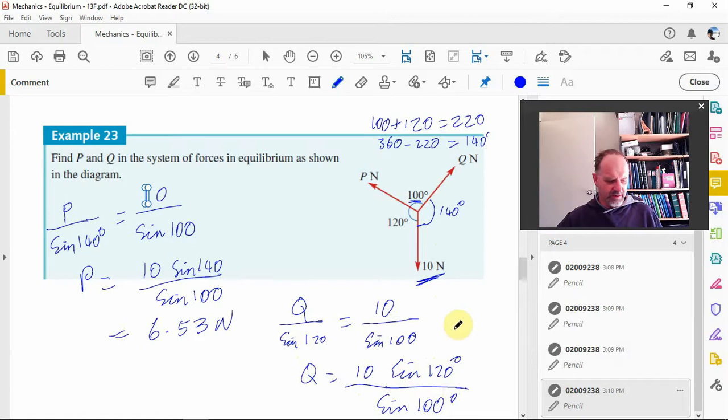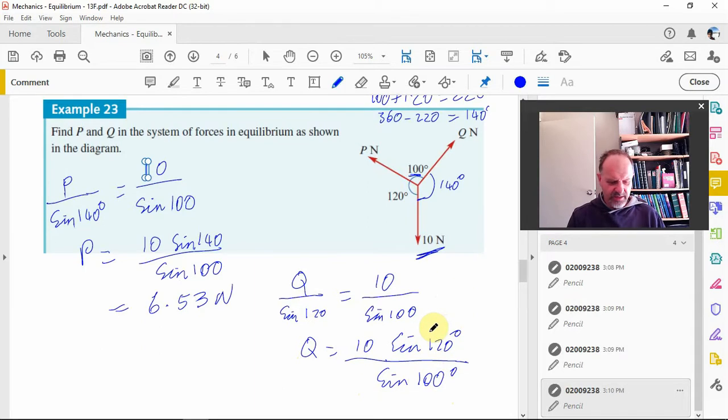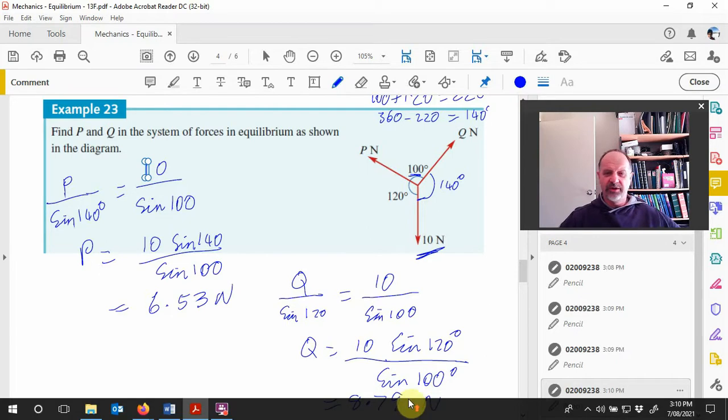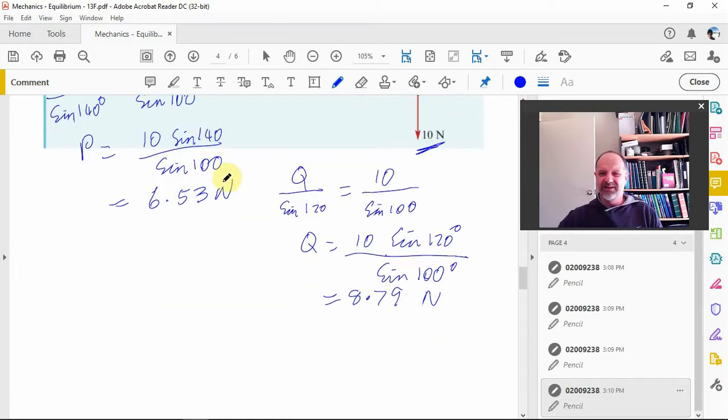Again, you get your calculator out: 10 times sine of 120 divided by the sine of 100, and we get 8.79 Newton for this one. So there you go, there's Lami's theorem.